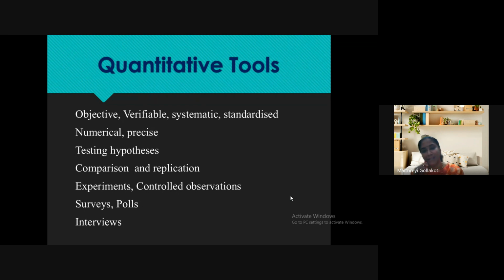That is called replication. See, if I have conducted an MCQ quiz for my students in my college, the same quiz can be given to some other set of students in some other college, isn't it? So you can replicate it. Quantitative things we can replicate.